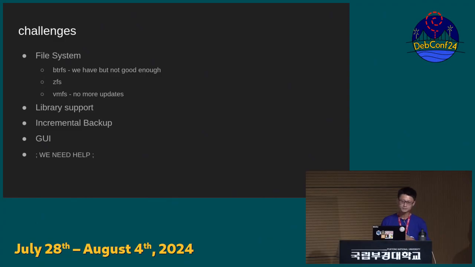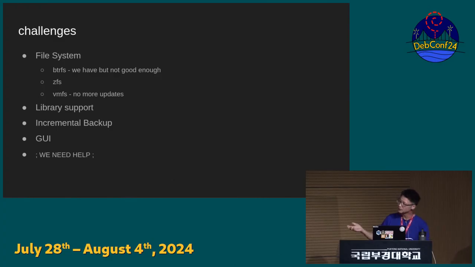And ZFS we still do not support, because the file system is quite different compared with the traditional file system. And for ReiserFS, we stopped at 3 and 5. We do not yet support newer versions because the upstream does not have time to do that.